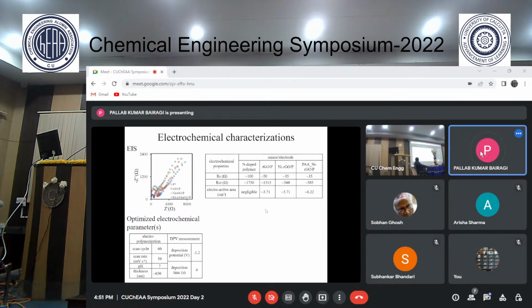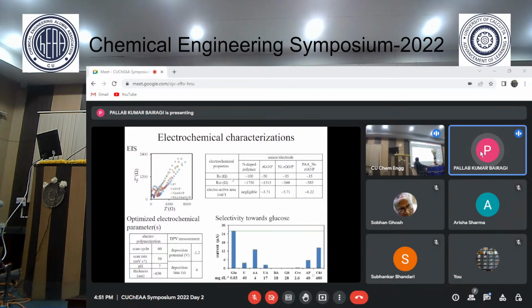For the glucose sensor, it was observed that the scan cycle is approximately 60, and the scan rate is 50 millivolts per second, among other parameters. It was then tested for selectivity, and it was observed that even at very low glucose concentration, the response observed is much higher than the response measured for other biomolecules at their very high concentration.